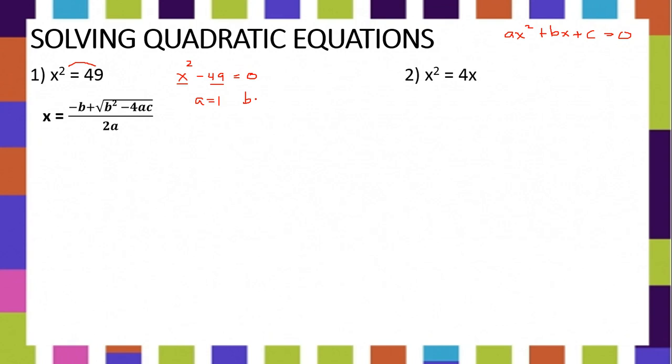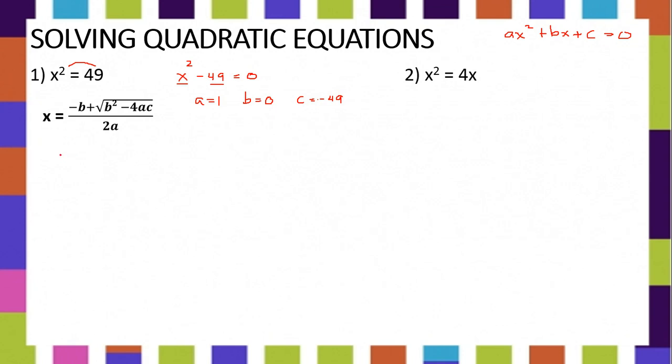Ang b natin, wala tayong b, so it is 0. Ang c natin is equal to negative 49.